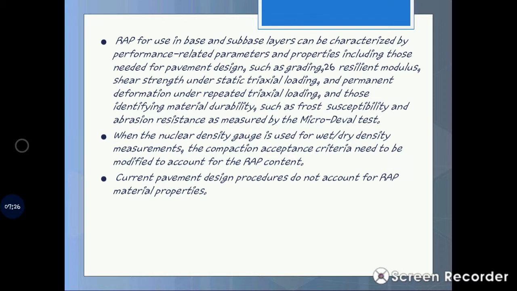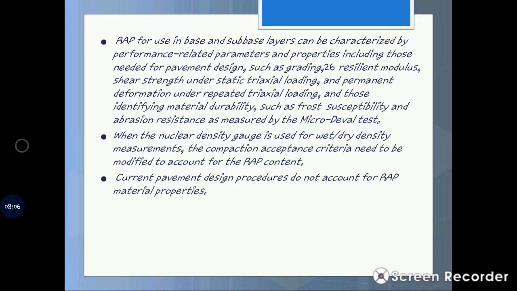And another conclusion they have made is RAP for use in base and sub-base layers can be characterized by performance-related parameters and properties including those needed for pavement design such as grading, resilient modulus, shear strength under static triaxial loading, and permanent deformation under repeated triaxial loading, and those identifying material durability such as frost susceptibility and abrasion resistance as measured by the Micro-Deval test.